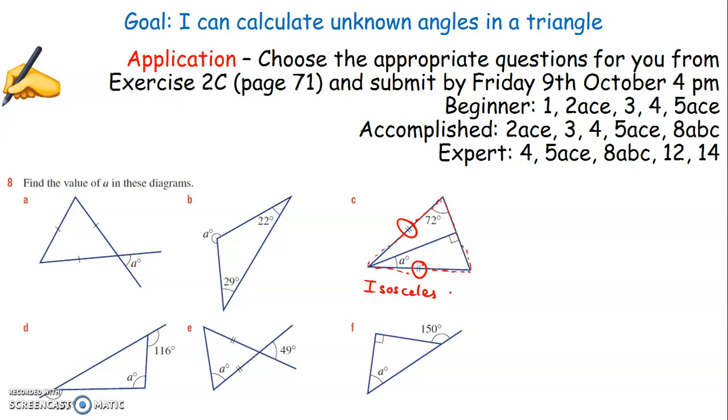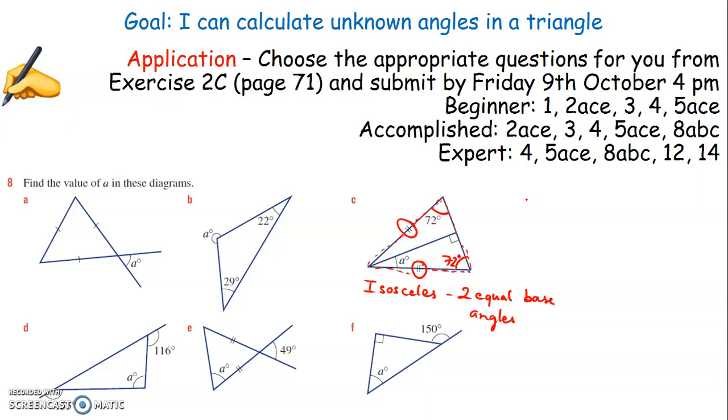And remember, for isosceles, two equal base angles. So what are our base angles here? The base angles would be this one here and this one here. So we know that this is 72 degrees.